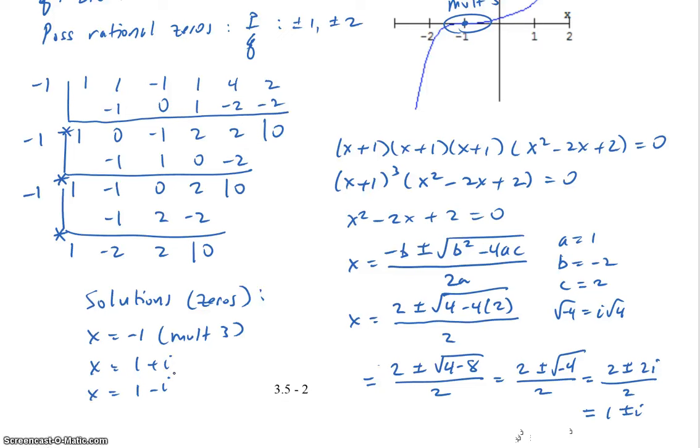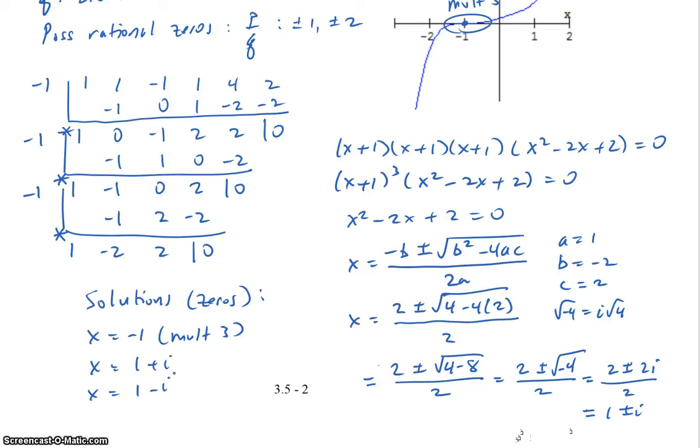Also notice that after identifying negative 1 as a zero, we shouldn't expect to find any additional real zeros, because looking at the graph, it appears that there are no other x-intercepts. Real number zeros always correspond to x-intercepts, and it would appear that this graph has only one x-intercept.